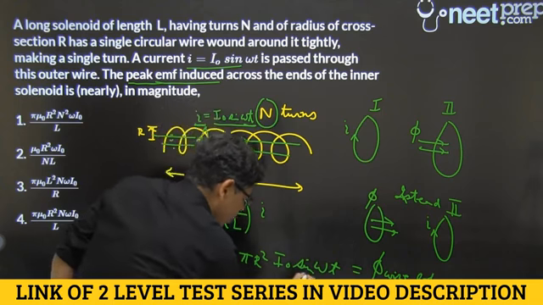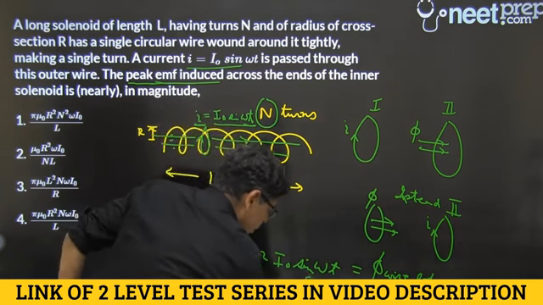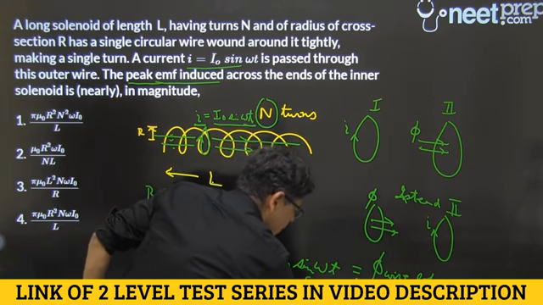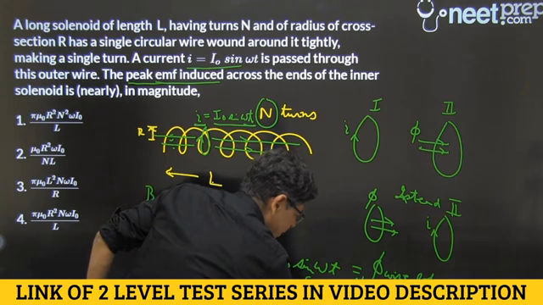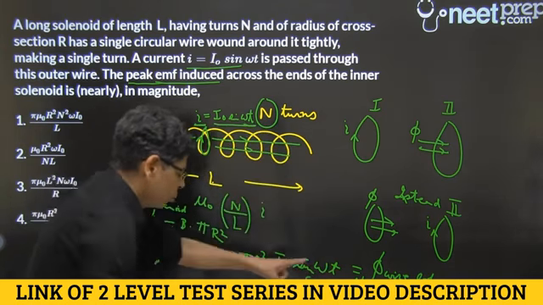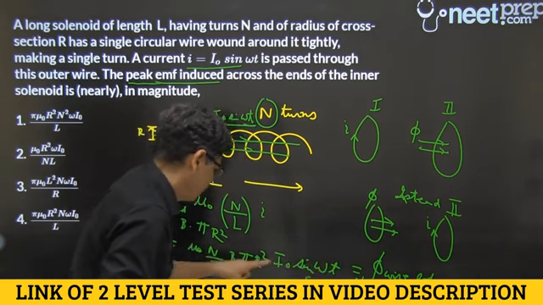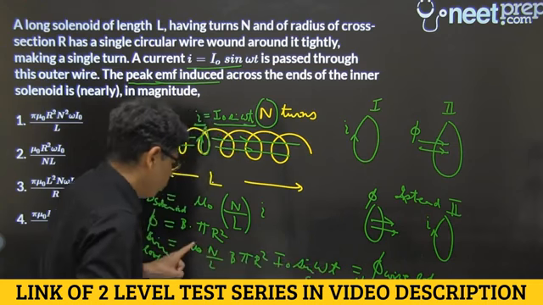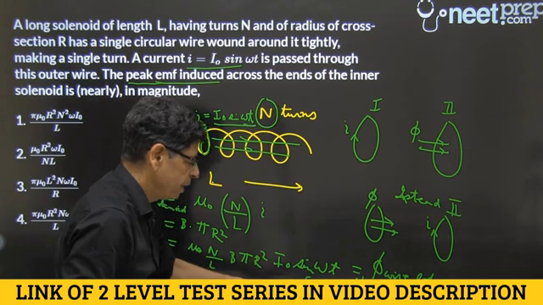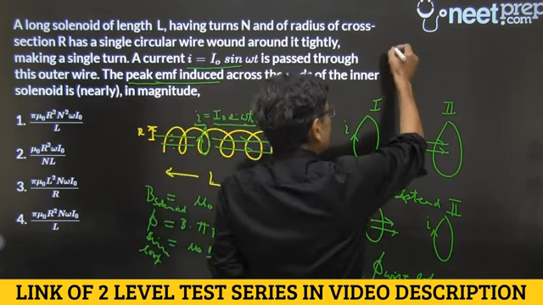And now Faraday's law says induced EMF in the wire will be minus d phi by dt, which is equal to d by dt of this. So only derivative term is this, rest is all constant. So when omega would come out, this will become cos, and we are interested in peak value.